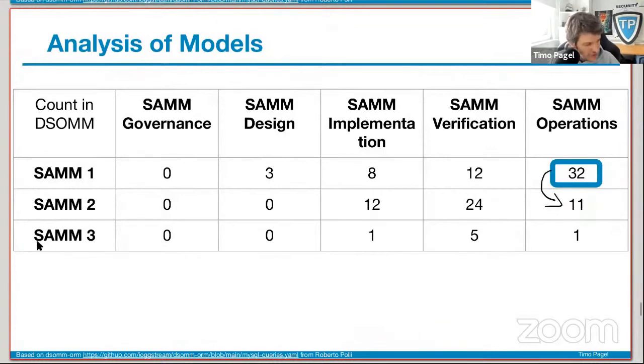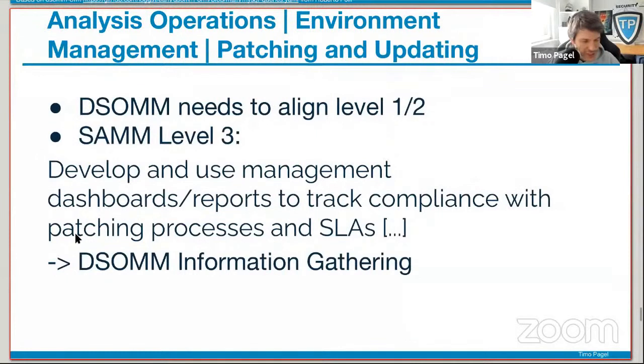But you also see that on SAMM level 3 there is not a lot. That is because level 3 is mostly about processes, which is hard to match. I have to think how to do that, or we have to think as a community on how to do that, because it's more about the processes.